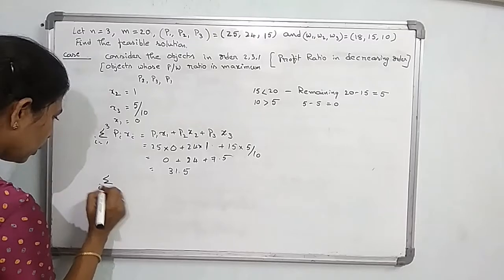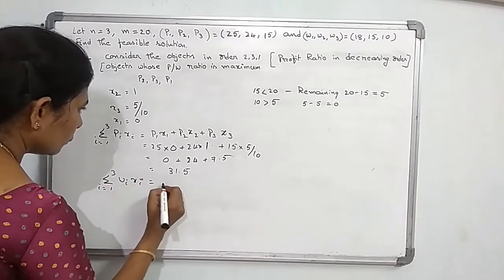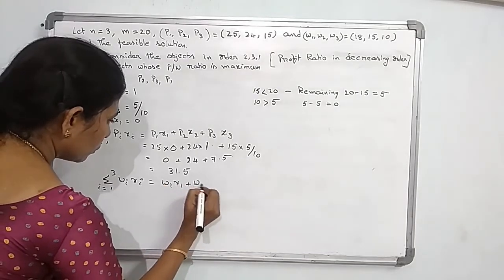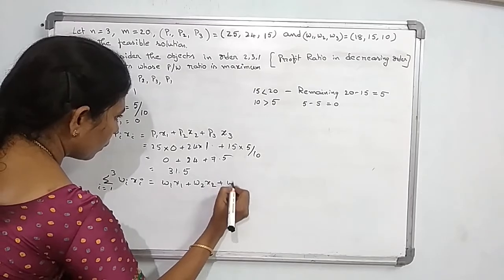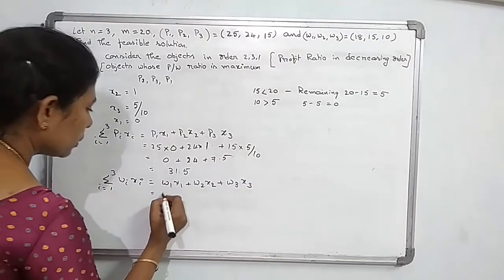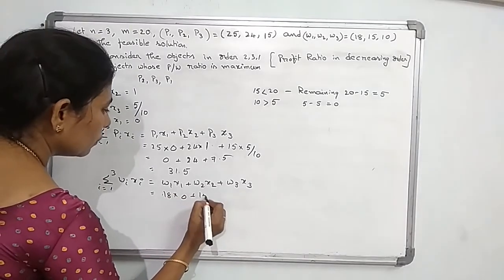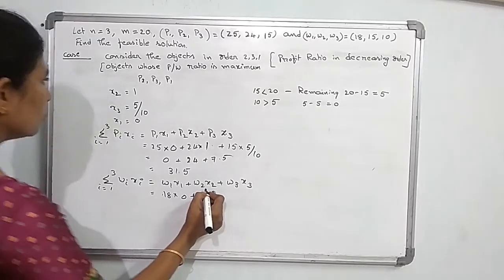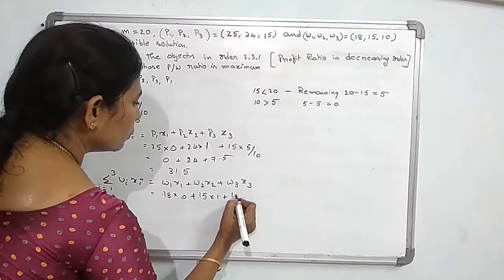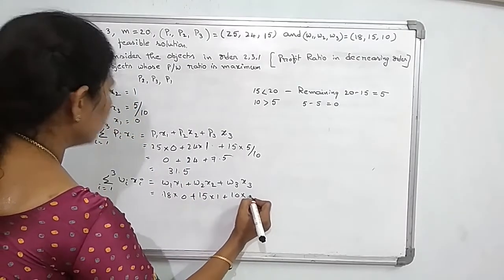Now you take the sum of WiXi, i equal to 1 to 3: W1X1, W2X2, W3X3. W1 is 18 into x1 equal to 0, W2 is 15 and x2 equal to 1, W3 equal to 10 into x3 equal to 5 by 10.